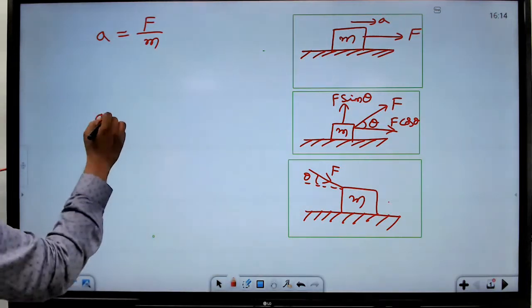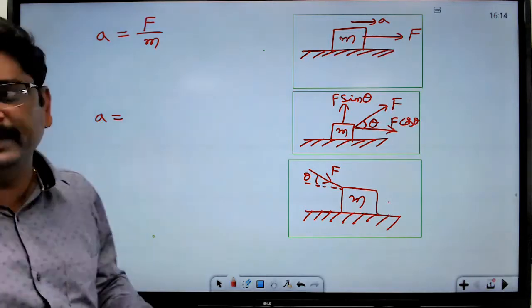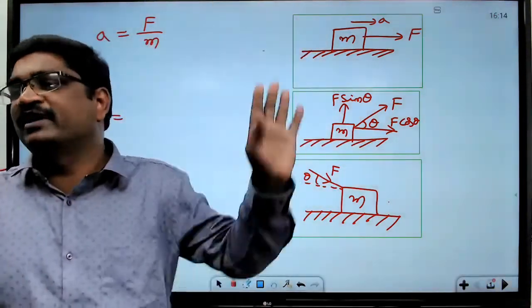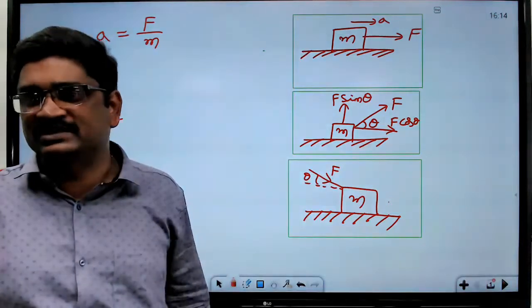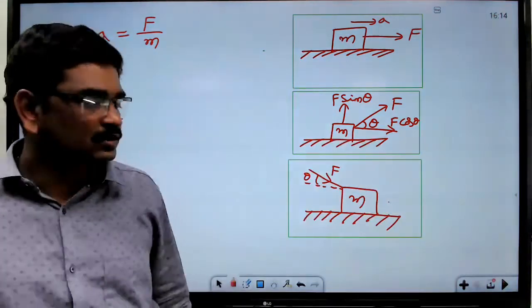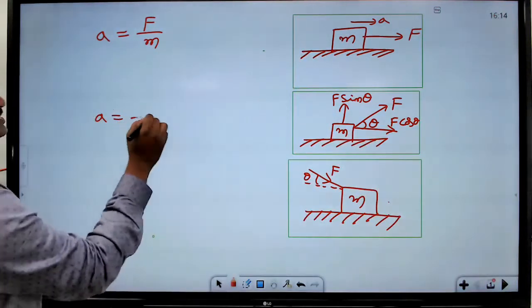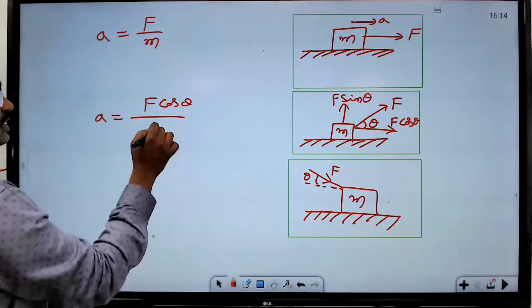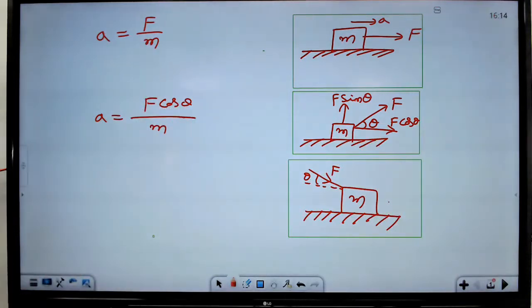This is placed on a horizontal surface, so it won't move in the upward direction. So we only need to consider the horizontal direction. So the net force along the horizontal direction is F cos theta, and this is the acceleration in the second case, a equals F cos theta by m.